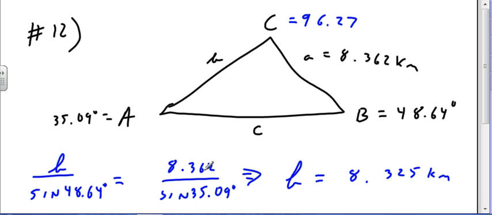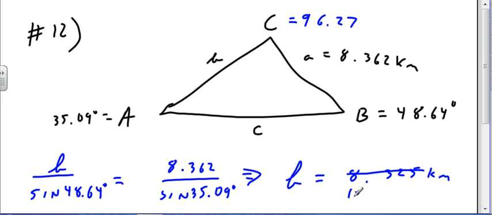B, little b, A, little a. 8.362 times the sine of 48.64 divided by the sine of 35.09. Oh, much better, much better.